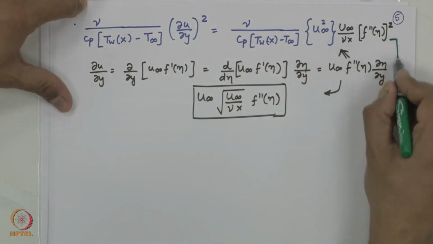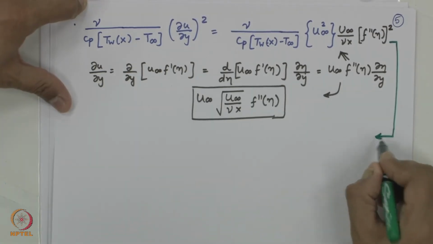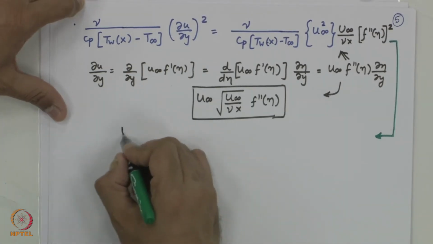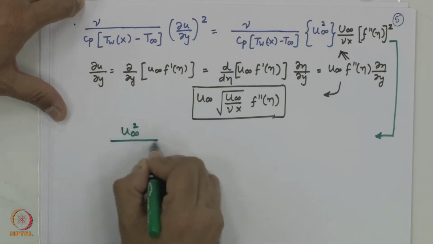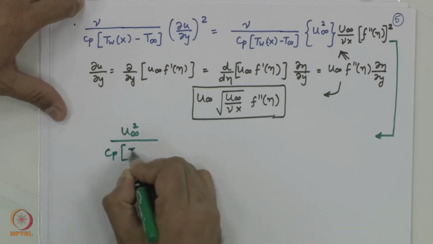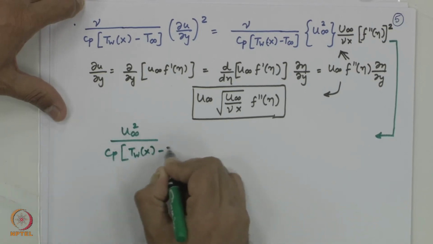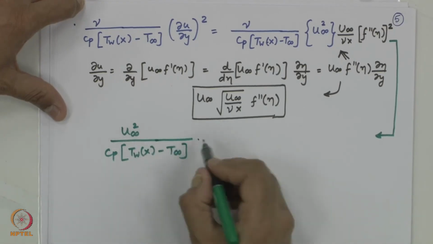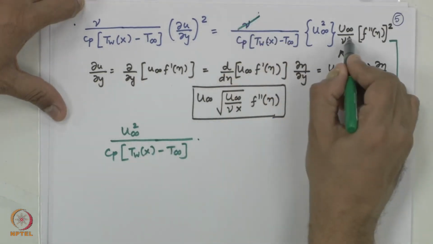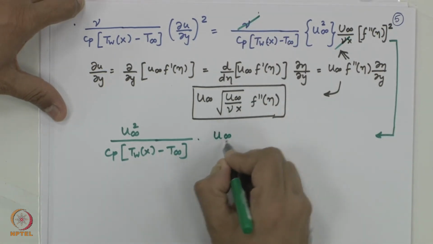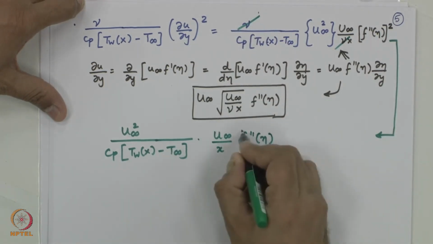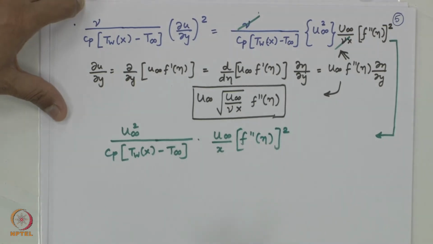So if I just make this come here, it is u∞ squared over Cp (T_wall(x) minus T∞). The ν's cancel. I am left with u∞ over x f''(η) whole square.